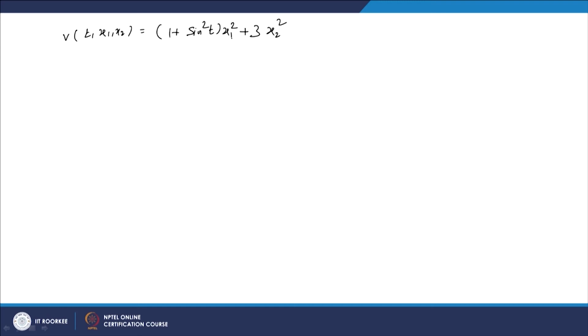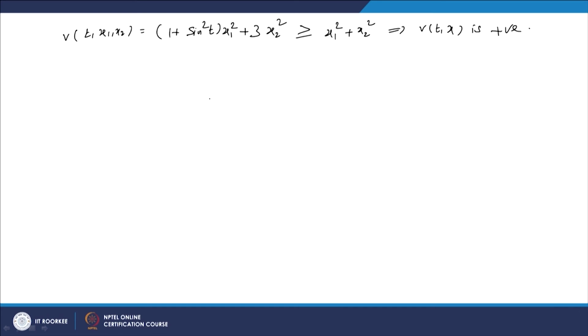Okay, so it represents a positive definite function, because we will be able to find a surface like this. The first term is always greater than or equal to 1 and the second coefficient is also greater than or equal to 1. We can say that it is greater than or equal to x1 square plus x2 square, this particular expression. So, this implies v of t comma x is a positive definite function.